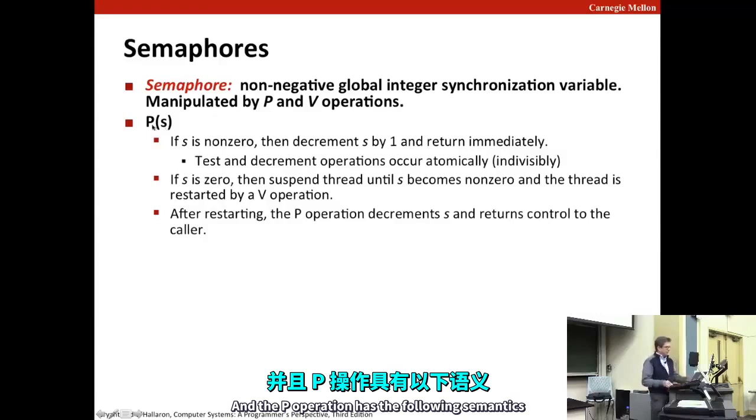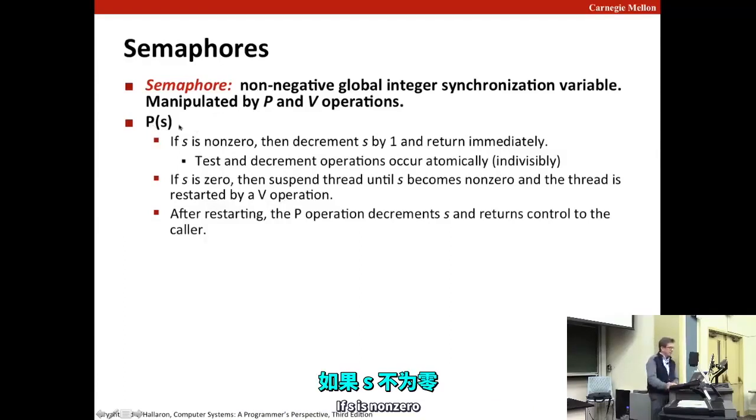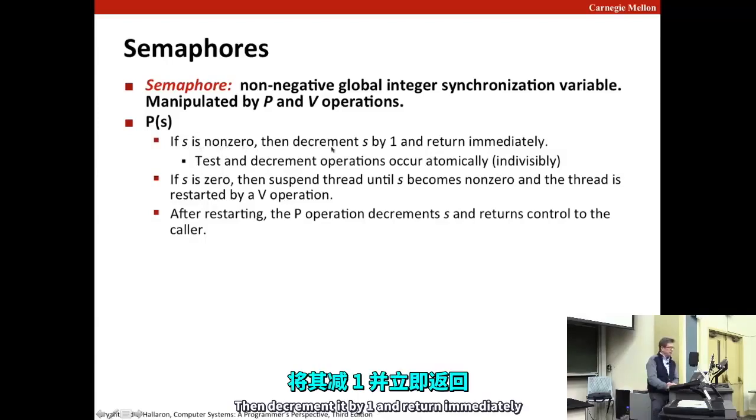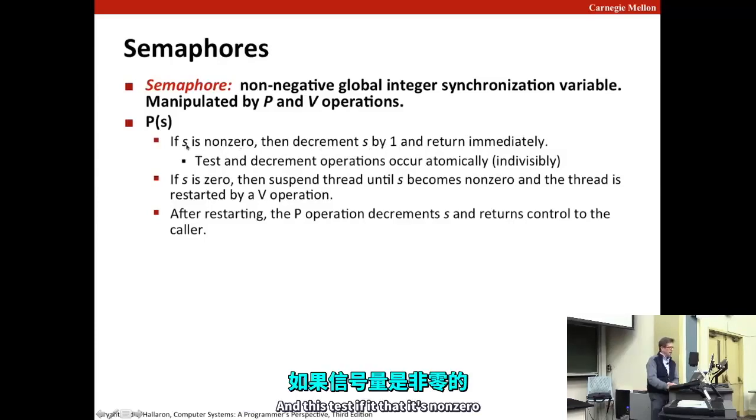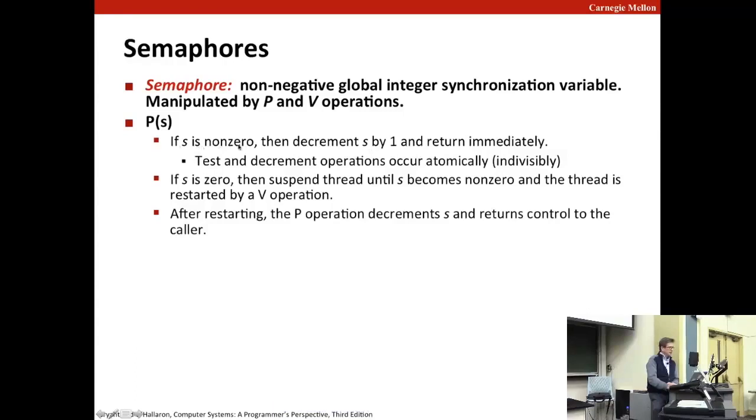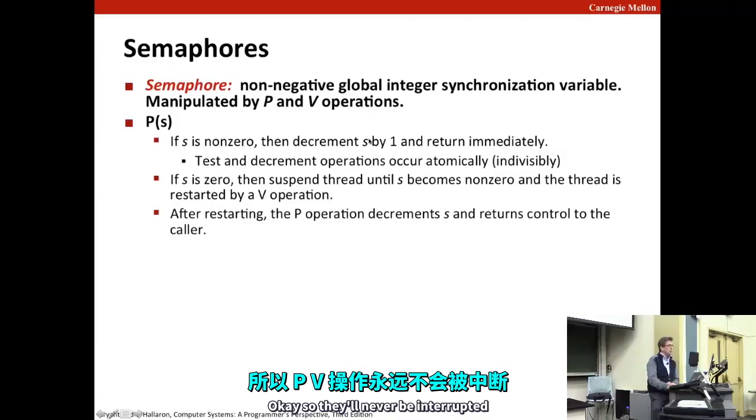And the P operation has the following semantics. If S is non-zero, then decrement it by 1 and return immediately. And this test, that it's non-zero, and the decrement occur atomically, so they'll never be interrupted.